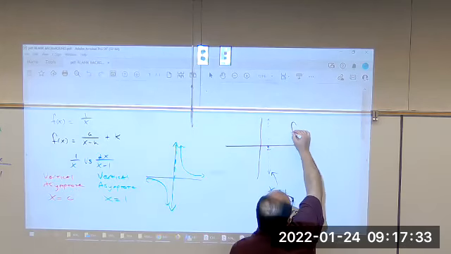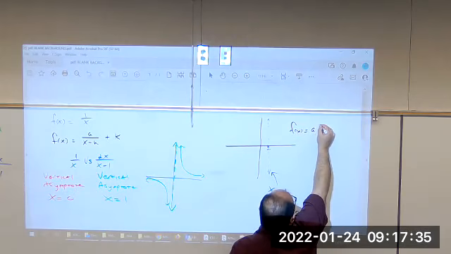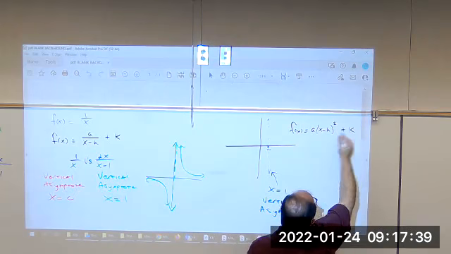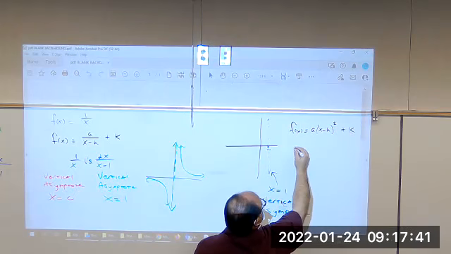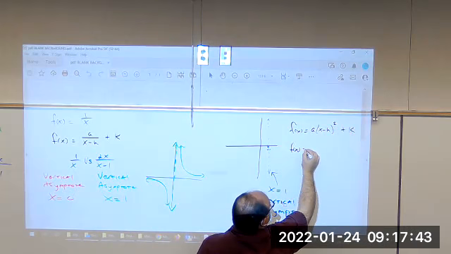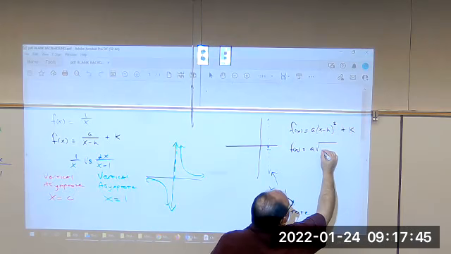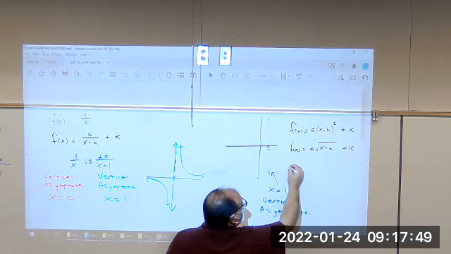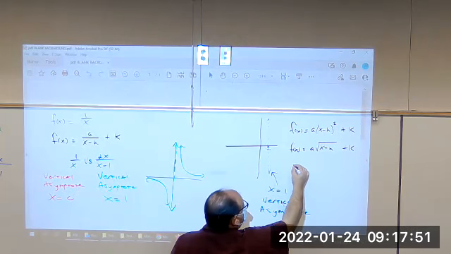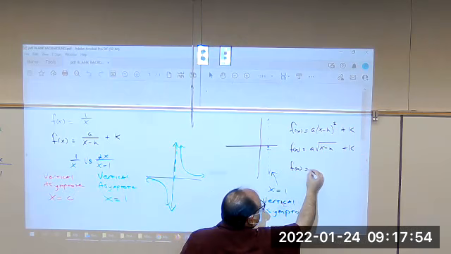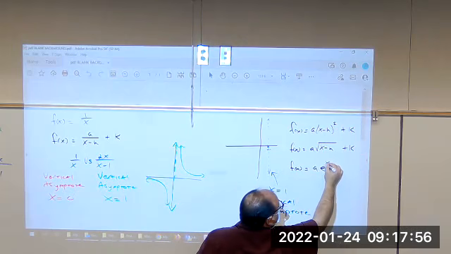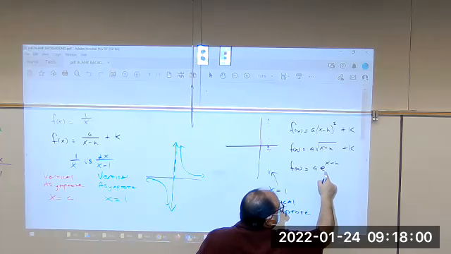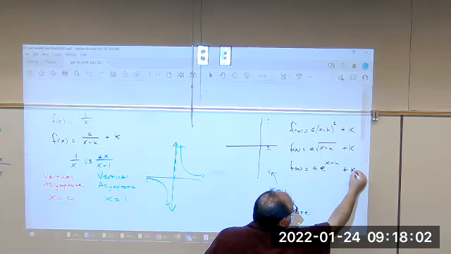For parabolas, f of x equals a times (x minus h) squared and then plus k. For square roots, f of x equals a square root of (x minus h) and then plus k. For exponentials, f of x equals a e to the (x minus h) plus k.